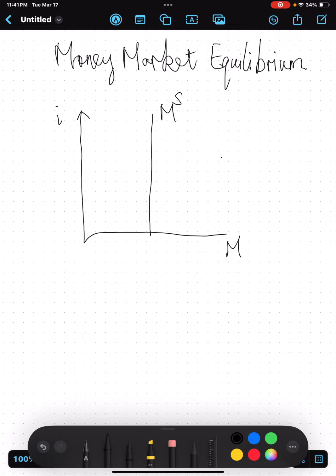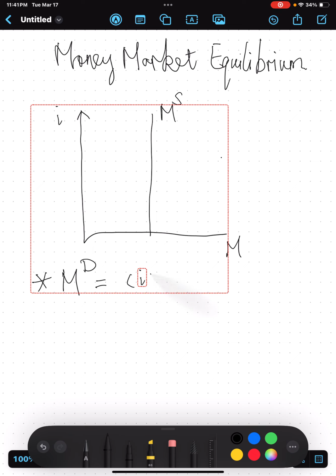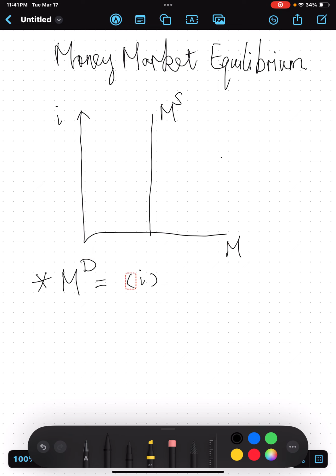So we know that money demand has a negative relationship with the interest rate, and it has to be some function of the interest rate.